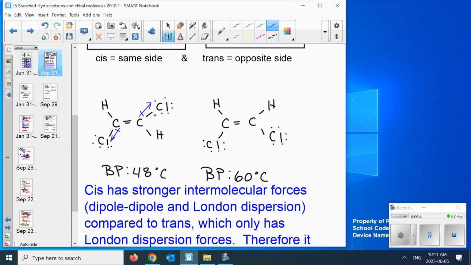And you see that there's a diagonally down and a diagonally up. It's a tug of war, it kind of cancels each other out, right? Whereas with the cis molecule, they're both down, so you have a net dipole.